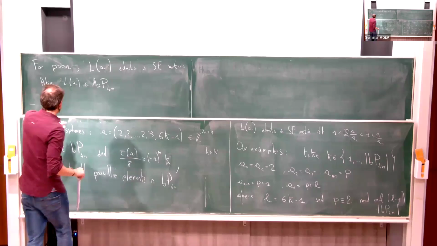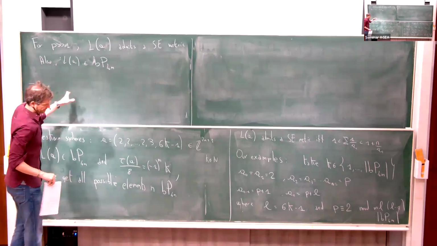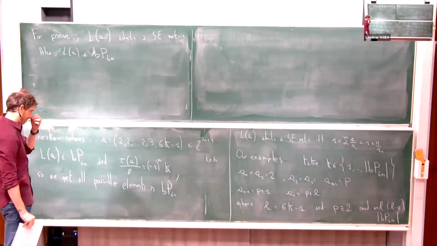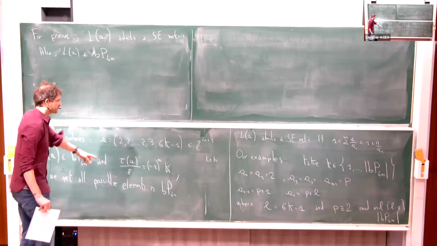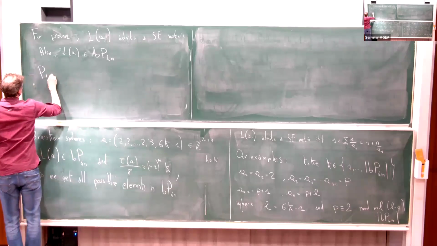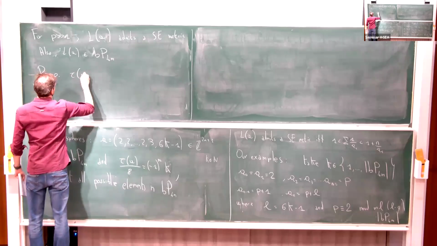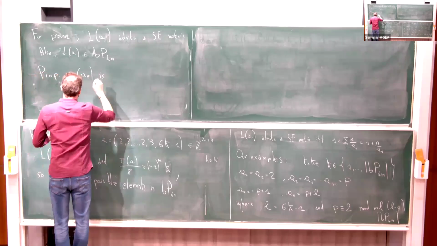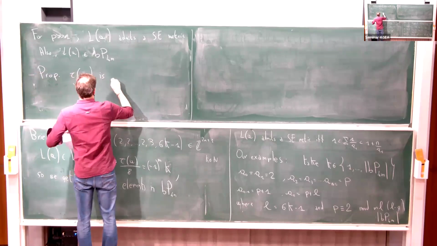Now I need to tell you what this number is. The way we do it, there could be different ways, we prove that tau(a_p) is a polynomial in p.